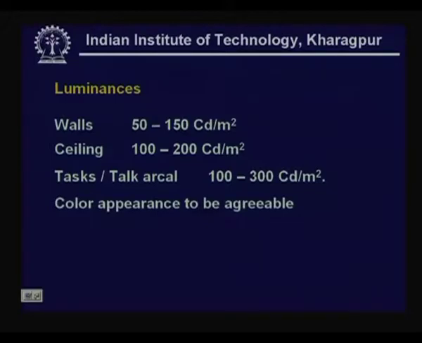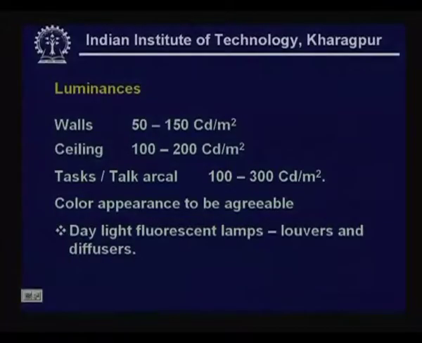One important issue which was not so important in a high bay industrial environment is color appearance. Color appearance in an office environment needs to be agreeable. Unless it is, it will not produce the required efficiency in working. Often, therefore, the most common lamps used are what we call daylight fluorescent lamps.